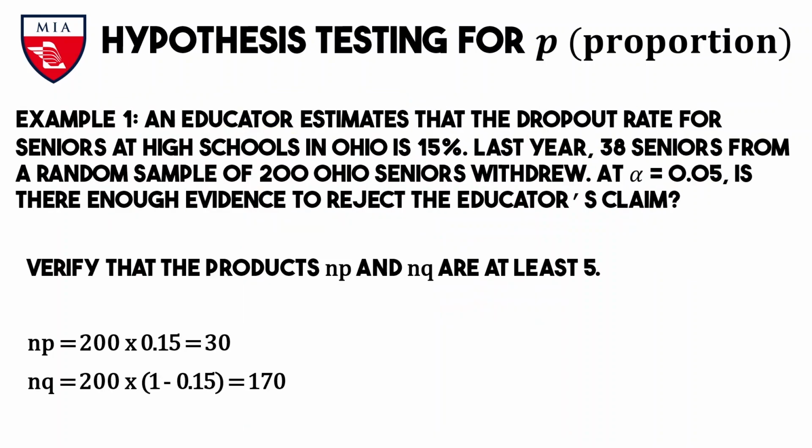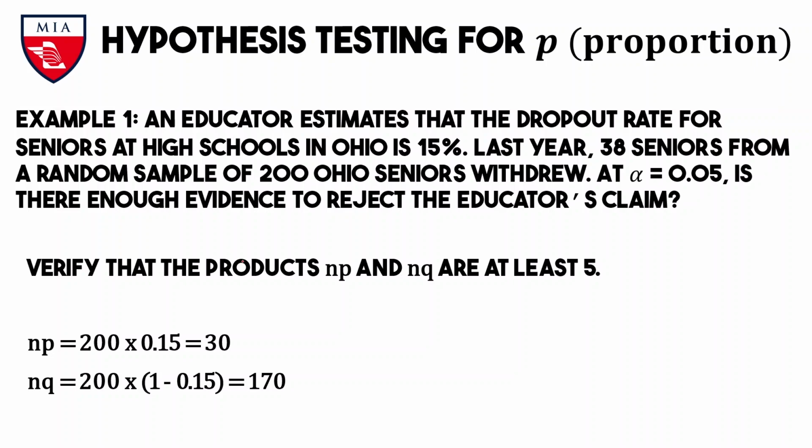So let's have an example here. An educator estimates the dropout rate for seniors at high school in Ohio is 15%. Last year, 38 seniors from a random sample of 200 Ohio seniors withdrew. At alpha equal to 0.05, is there enough evidence to reject the educator's claim? Verify that the products NP and NQ are at least 5.